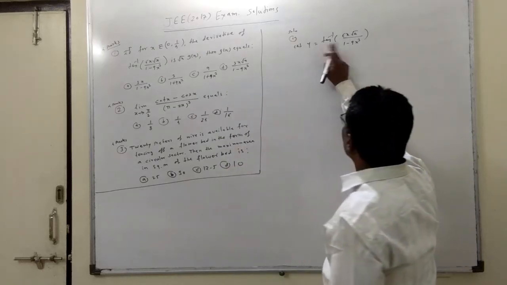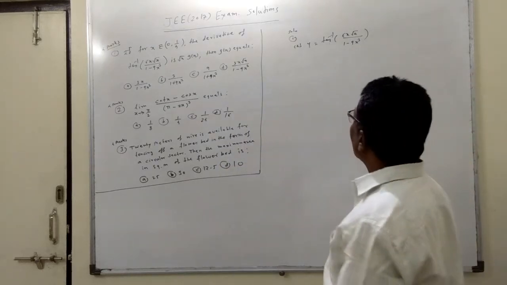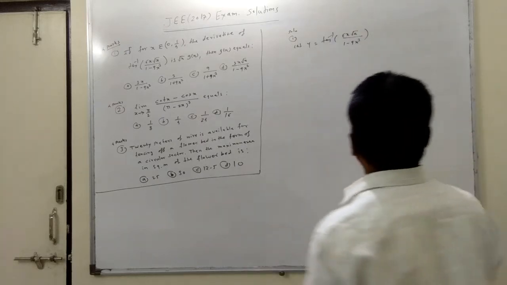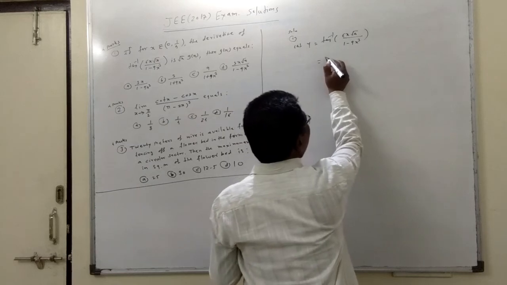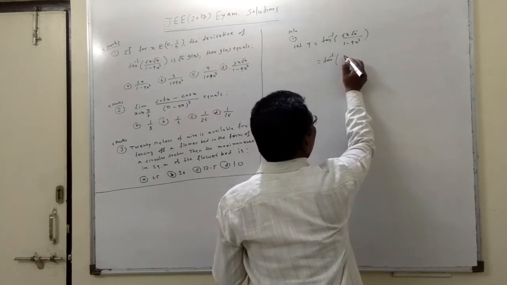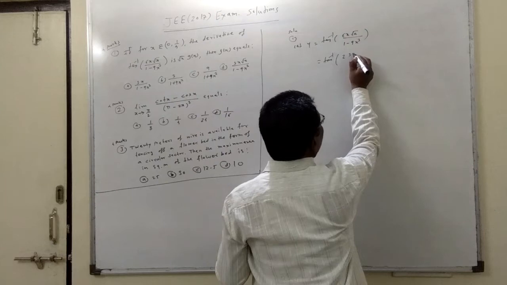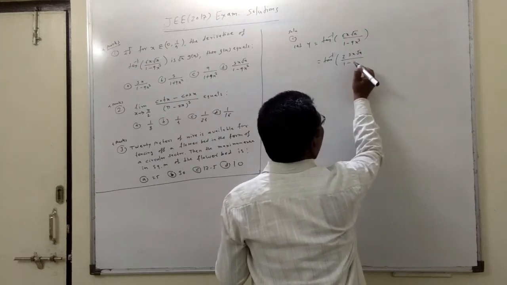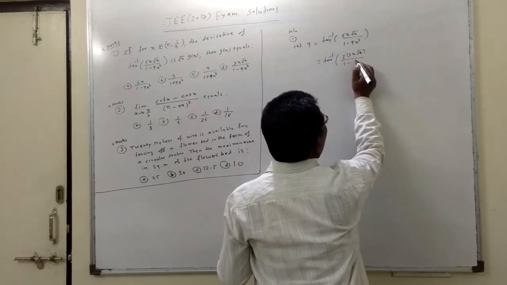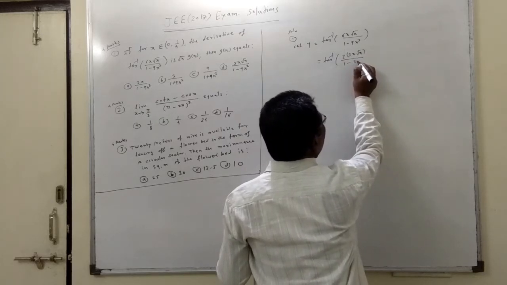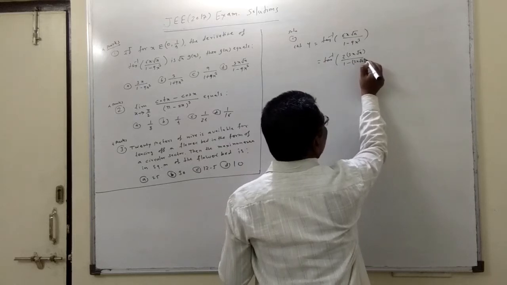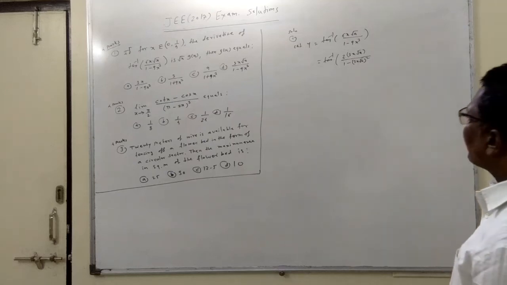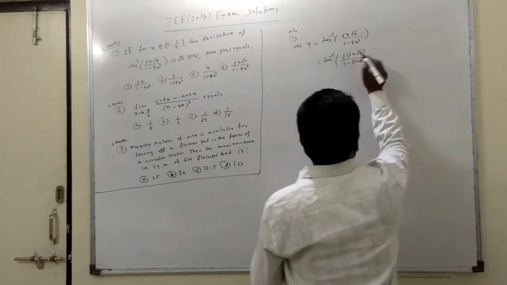Here tan inverse means inside must be the tan. Now you know the tan 2 theta formula: 2 tan theta upon 1 minus tan square theta. So we can write this as tan inverse of 2 into 3x root x divided by 1 minus 3x root x squared. x square and root x square is x, so x cube, and 3 square is 9, so this fits here.